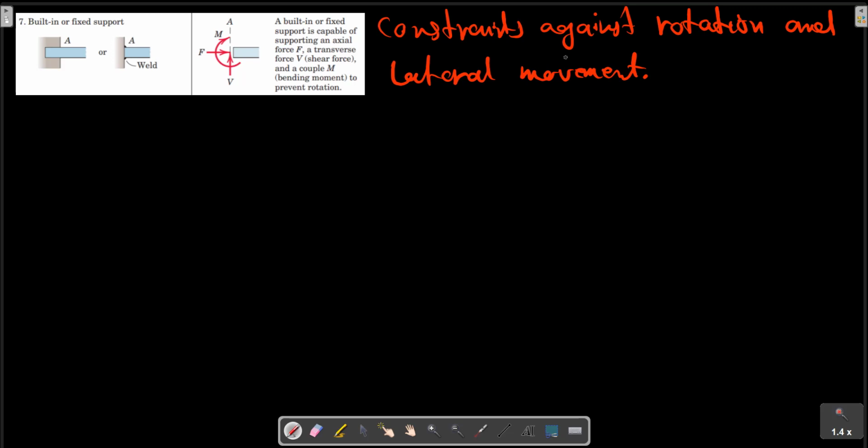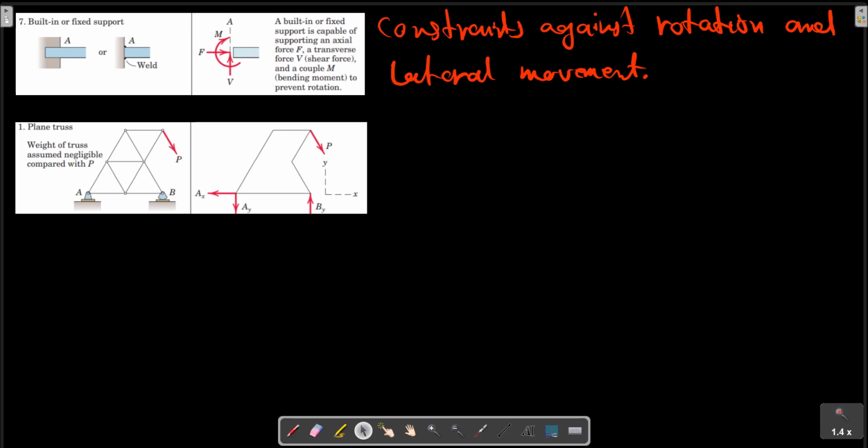If the rocker which supports the truss of example 1 in this picture were replaced by a pin joint at point A, replace it with the same pin here. There would be one additional constraint beyond those required to support an equilibrium configuration with no freedom of movement.